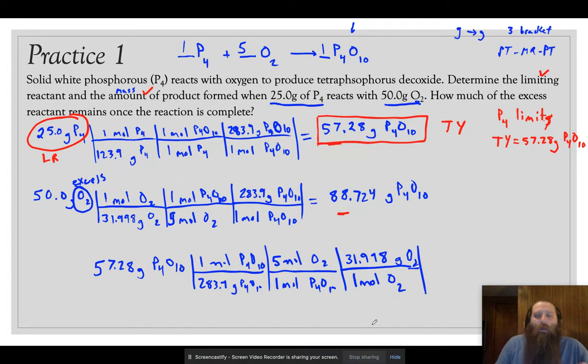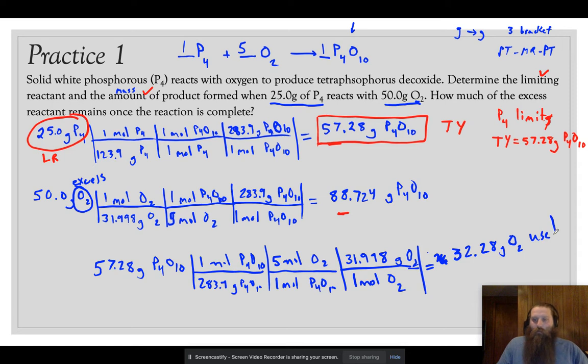All right, so this stoich setup is going to tell me how much oxygen I used to make exactly 57.28 grams of my product. So 57.28 divided by 283.9 times 5 times 31.998 is 32.28. 32.28 grams of oxygen used.